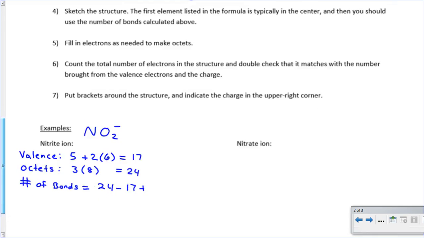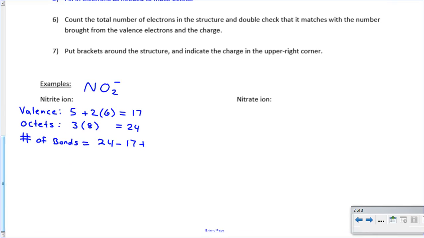This one has a charge of -1. What you should get there is 6 on the top over 2, which tells us that we have 3 bonds.